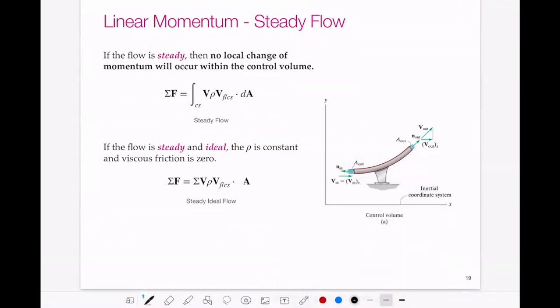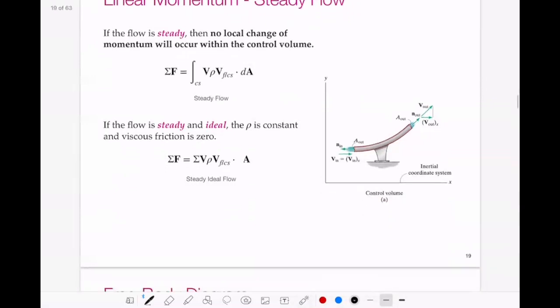So if the flow is steady and ideal, rho is constant, and viscous friction is 0 because it's inviscid. And we have the sum of the forces is equal to the sum of the velocities times density times the velocity with respect to the control surface, dot product with the area of the control surface.